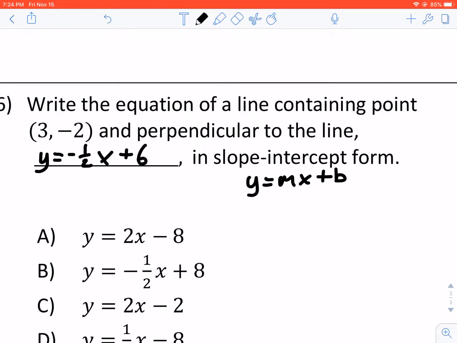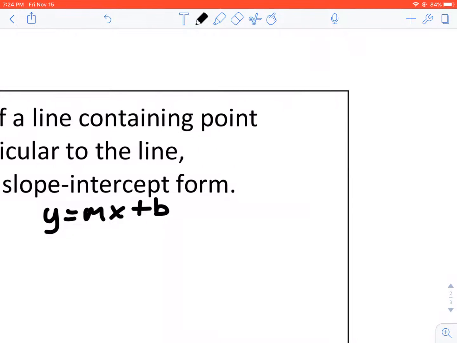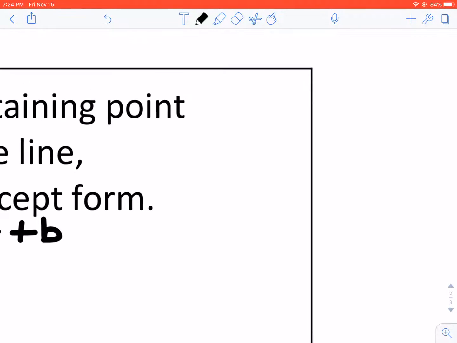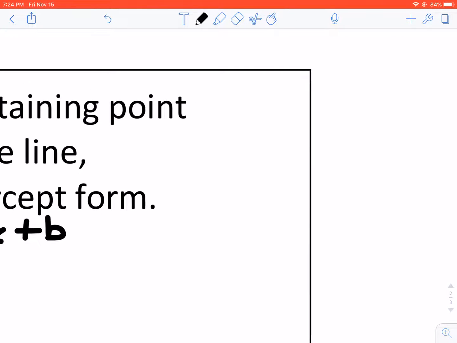Now what changes on this one is that we want an equation of a line that contains the point 3, negative 2, and it has to be perpendicular. When we're talking about perpendicular, we're talking about our slopes being opposite reciprocals of each other. That's just a very fancy way of saying, you've been taught this, but I call it the flip and switch.